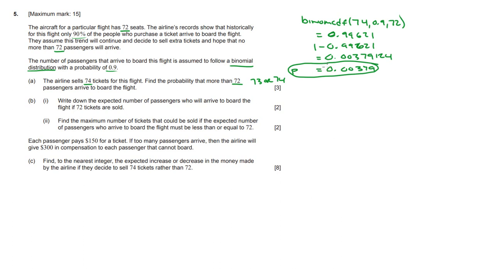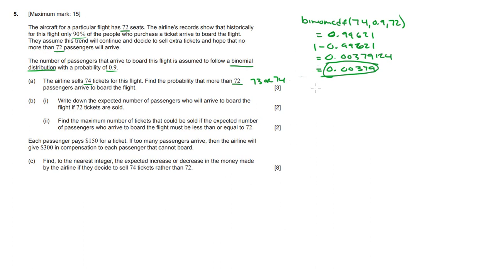Let's just circle that part for our number and get rid of the rest of this. Okay, that's icky. I can erase it. So we get 0.00379 as our probability that more than 72 passengers will arrive to board the flight, which is like 0.379%, so way less than 1%.